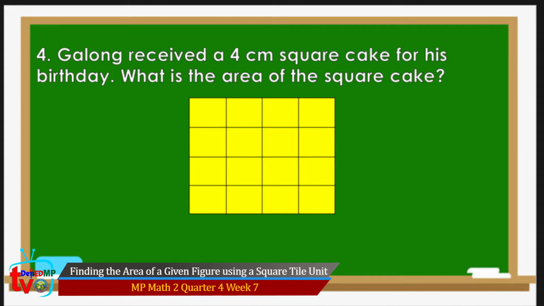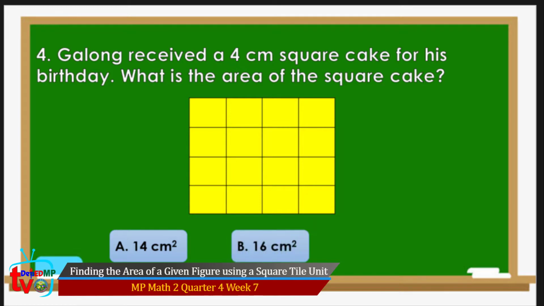Number 4. Galong received a 4 centimeter square cake for his birthday. What is the area of the square cake? Is it A, 14 centimeters square, B, 16 centimeters square, or C, 18 centimeters square?